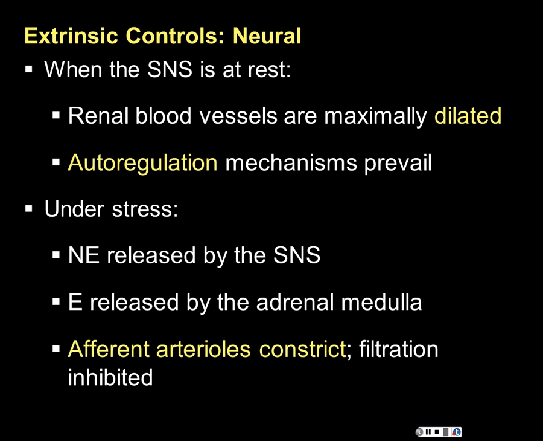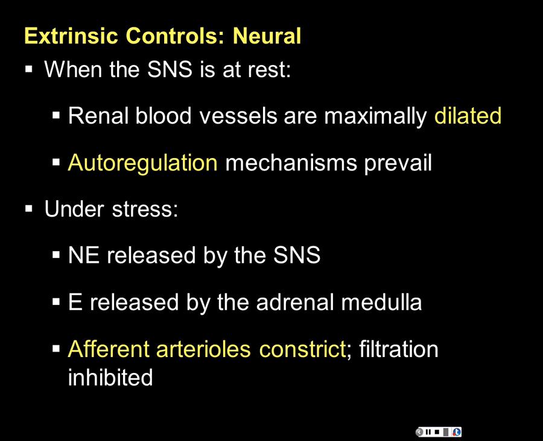Extrinsically, typically, the nervous system, when the parasympathetic nervous system is prevailing, the kidney is regulating itself. However, when your fight or flight system becomes activated, your sympathetic nervous system is altered.